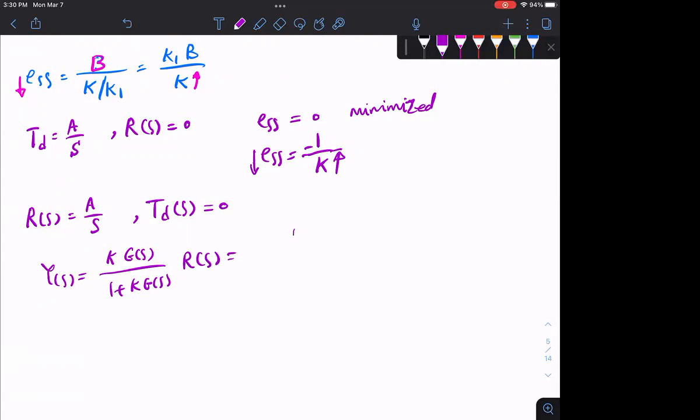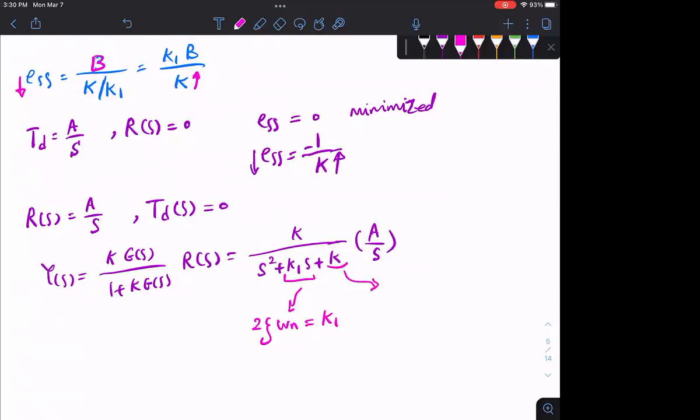So from the transfer function, if you put all of those values down, you will get this: K times A over S. Now, from here, I know this is 2 zeta omega n, right? Which is K1. And I know this one is omega n squared, which is K. This is the last piece that connects those two together.